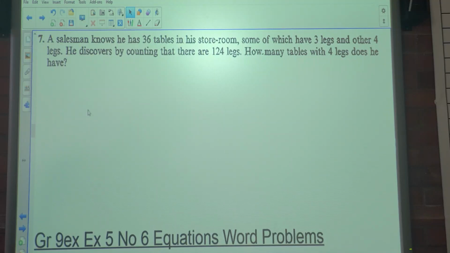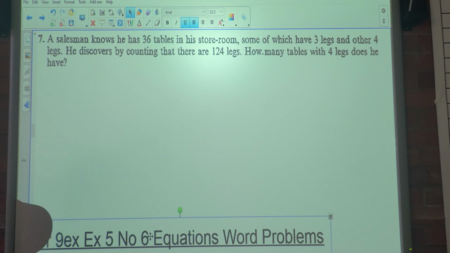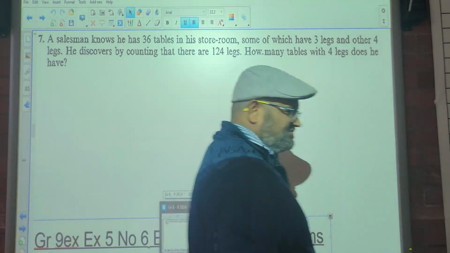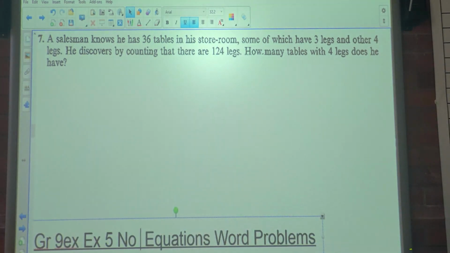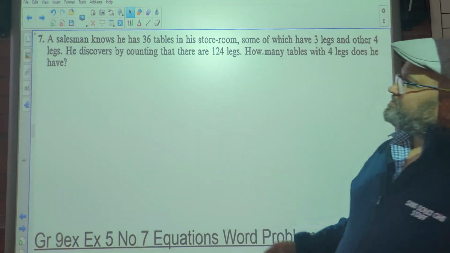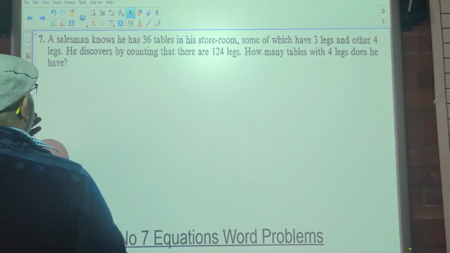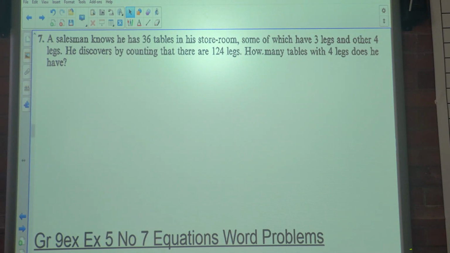Right, people, number 7. The last one here that I gave you for homework. Number 7. A salesman knows he has 36 tables in his storeroom, some of which have 3 legs and others 4 legs.